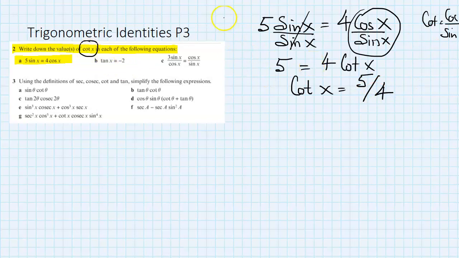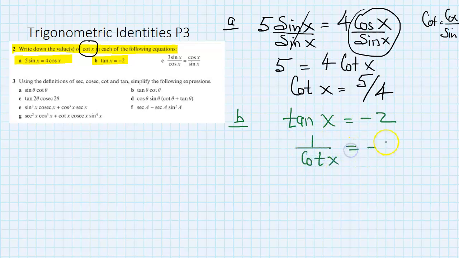Now tan x, part B. This was A. Now we are doing part B. tan x is equal to minus 2. We have to change it into cot, and we know that tan x is equal to 1 over cot x, so 1 over cot x is equal to minus 2.